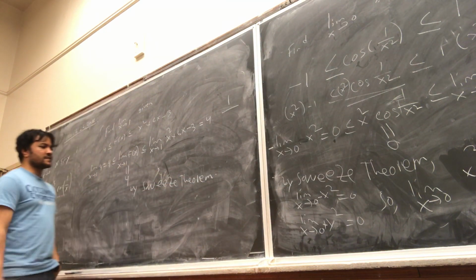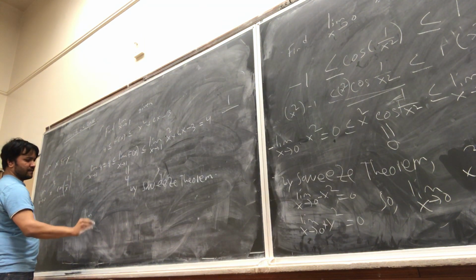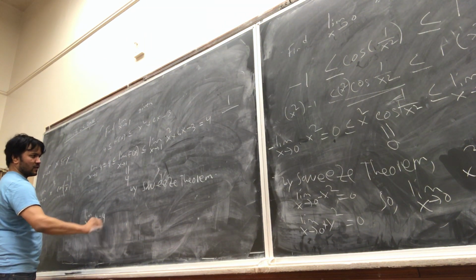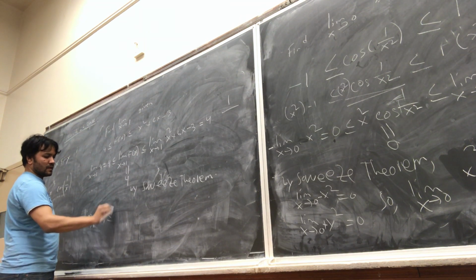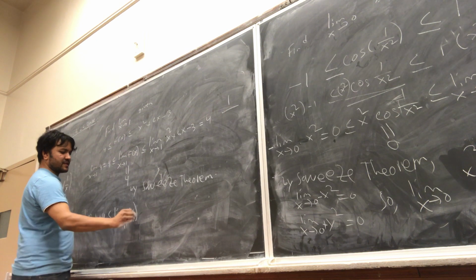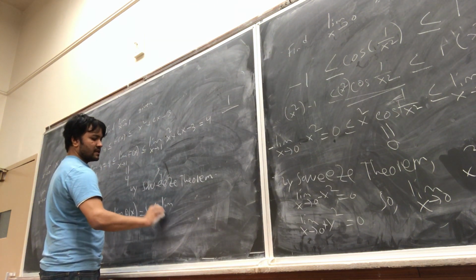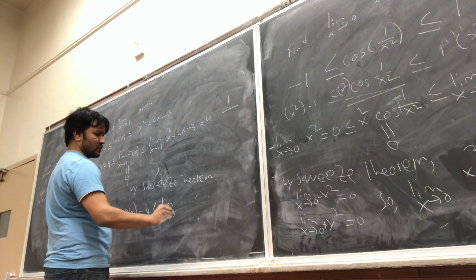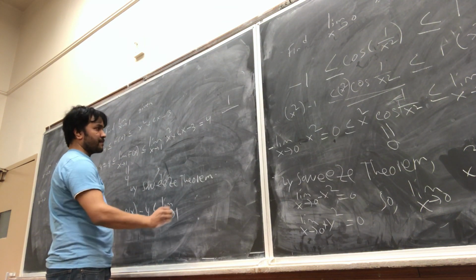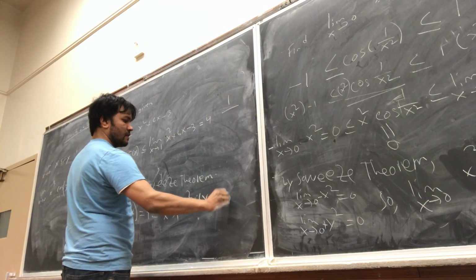The limit as x goes to 1 of 4 is 4. The limit as x goes to 1 of f of x is also 4 because the upper limit and lower limit both go to 4 as x goes to 1.